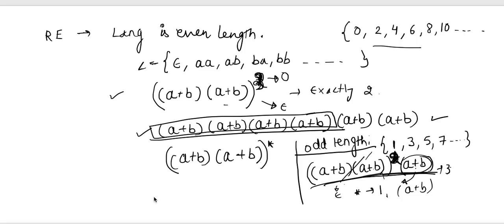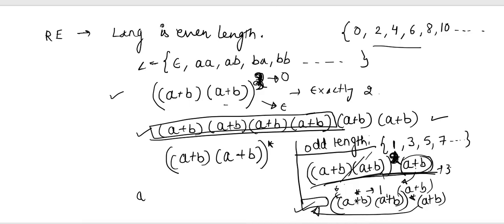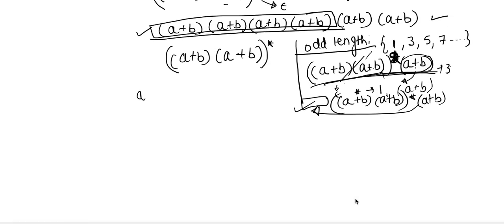So this is the regular expression: (a+b)(a+b)* (a+b)... that is, (a+b)* followed by (a+b). And one more thing, you can concatenate this (a+b) at the start also. There is no problem in it. Okay.